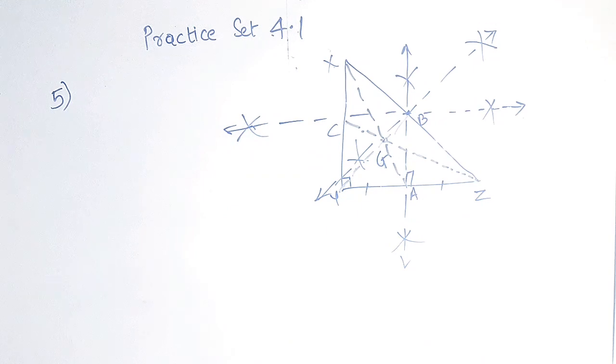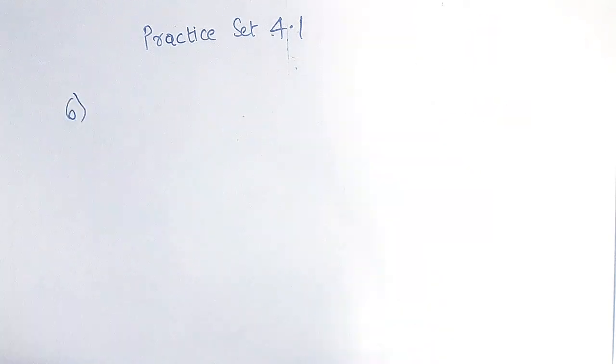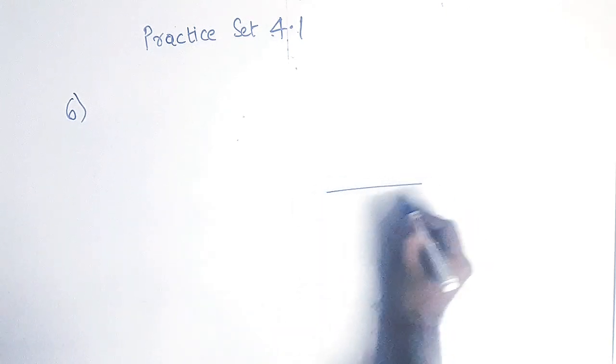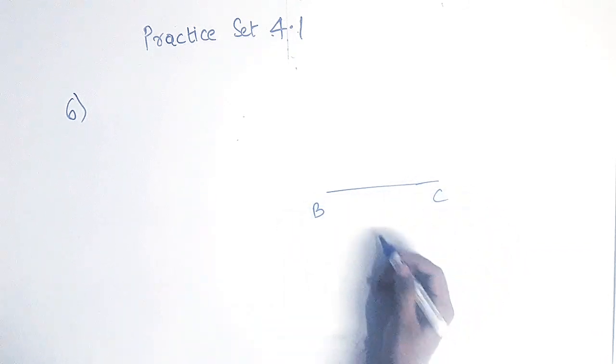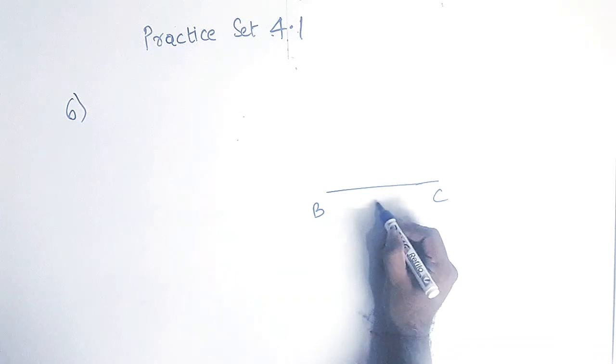Then the sixth one is: draw an isosceles triangle and draw its medians and altitudes. We have to draw all the medians and all the altitudes. The first thing I'll do is take BC. Let us say I am taking 6 centimeter.